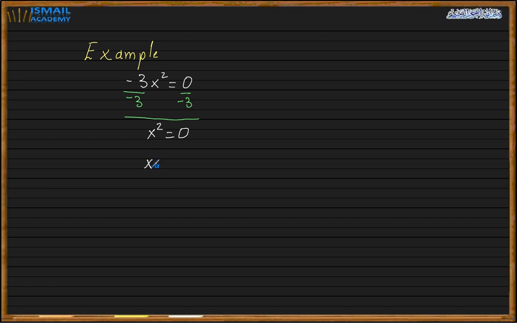So you conclude that x equals 0, and you state the solution is just 0. This is the first case. For the second case of this type of equation, I'm going to use the same board. For example, 4 times (x minus 5) squared equals 0.